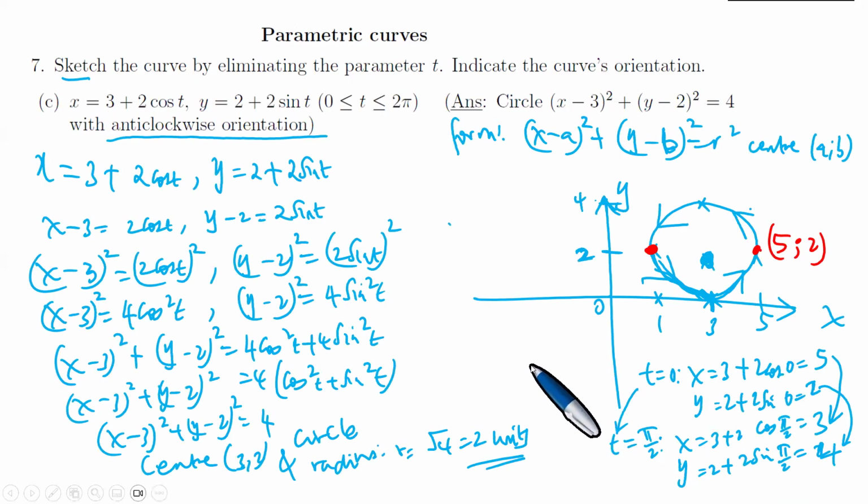So now, you'd have this circle that is like that, and so you traverse it this way.